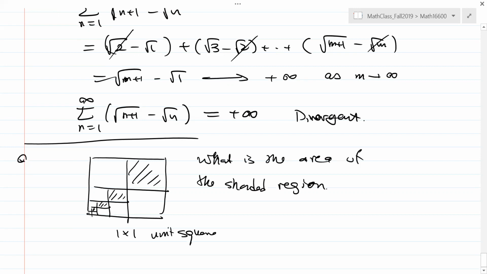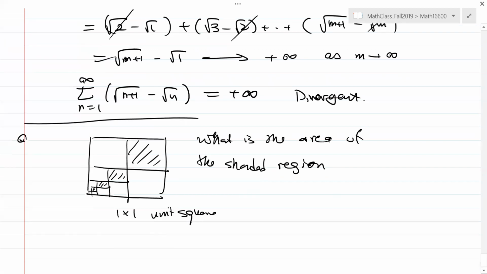It's clearly less than 1, but for the total area, you really need the limit idea, right? The area of the shaded region is going to be the limit, it's going to be the series. It's the sum of all those areas of small squares, getting smaller, right?